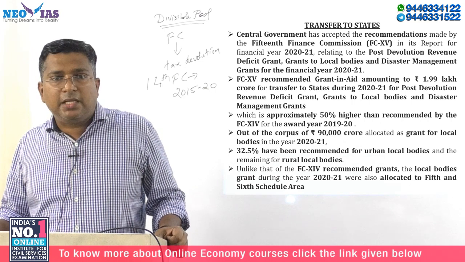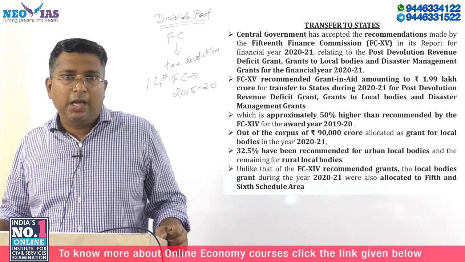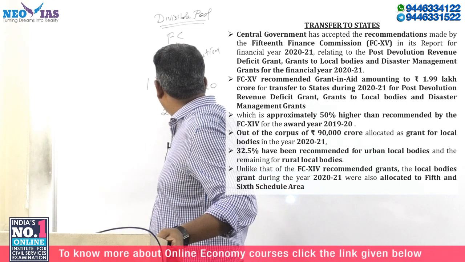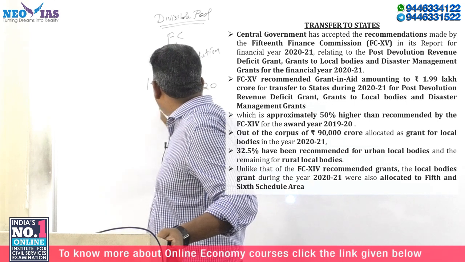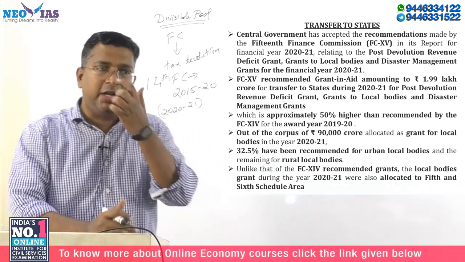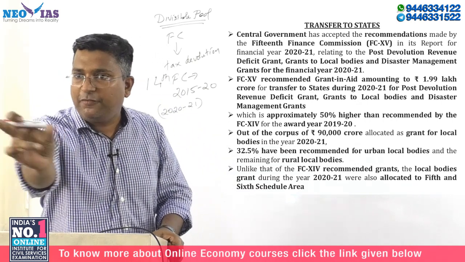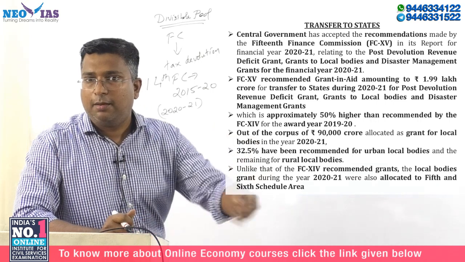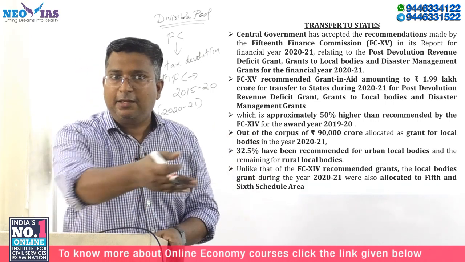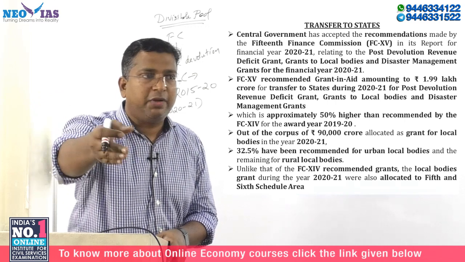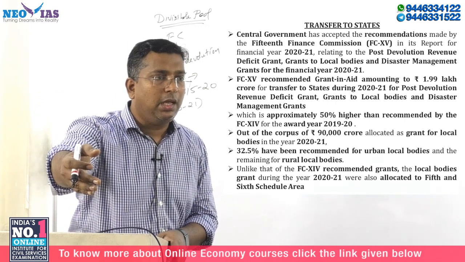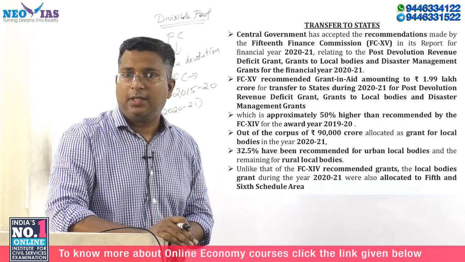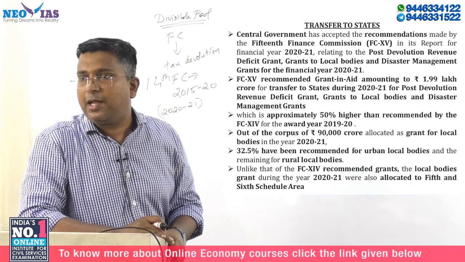But due to lockdown and other things, first the 15th Finance Commission recommended for 1 year. In the interim, because of the slowdown, the 15th Finance Commission recommended for 1 year, and that 1 year recommendation will get over by March. Then, as you read in the news when I shared many articles, when the finance minister presented the budget, the Finance Commission report was also placed in Parliament.